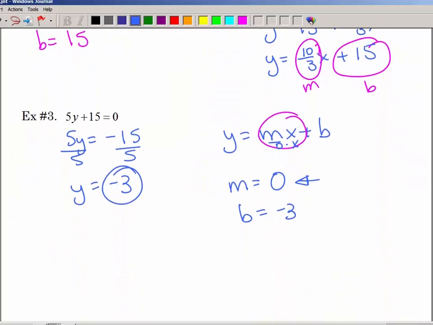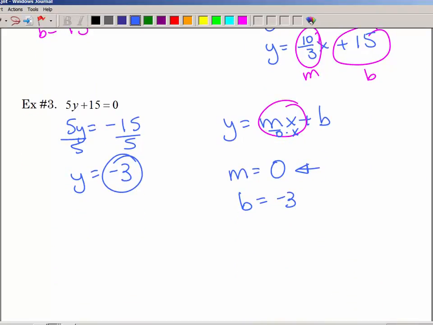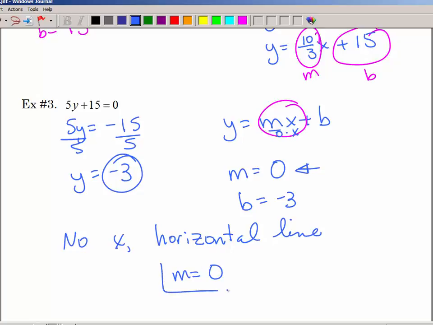So let's make another observation about this problem. When there is no x, then you have a horizontal line. And again, the horizontal line, the slope, is always 0.